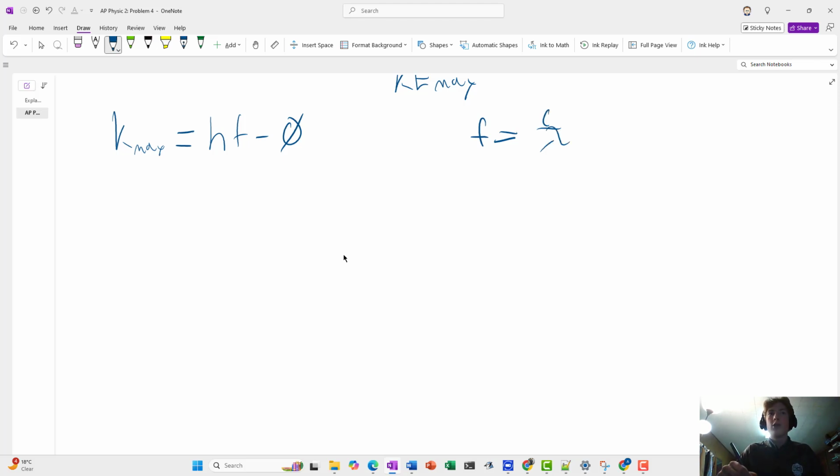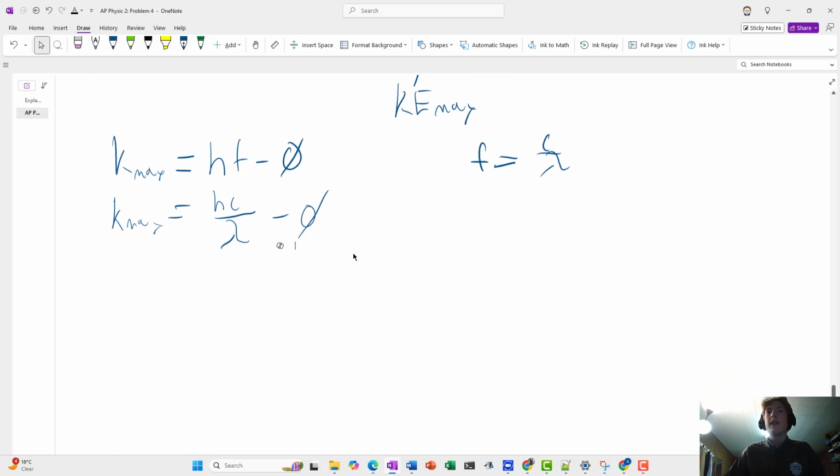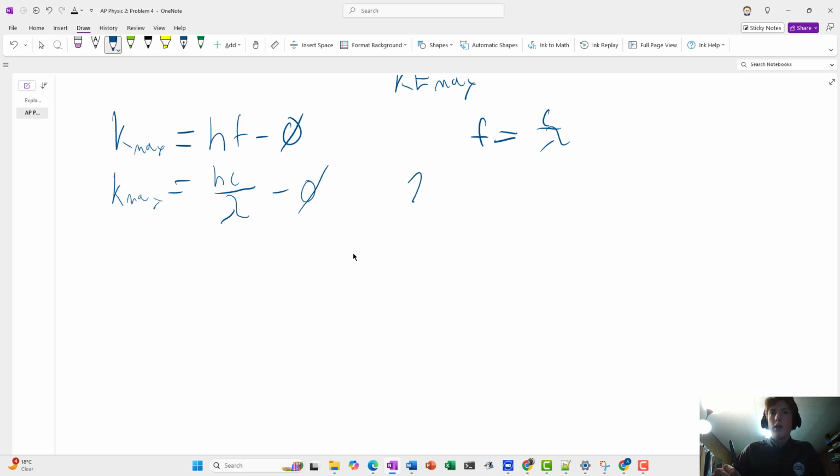So we can switch that out. We'll be able to just substitute K max in later, and we get K max equals hc over lambda minus our work function. Then we can solve for our work function because we know that lambda is equal to, as they said before, 250 nanometers. We'll convert that to meters.